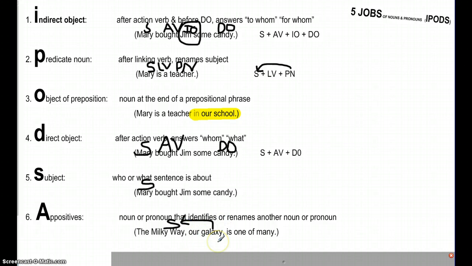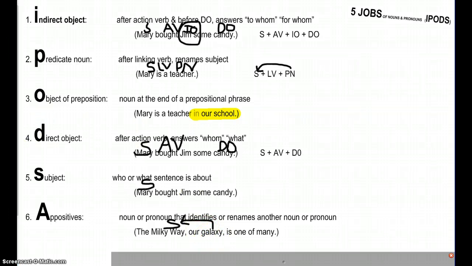So galaxy is another way of saying the Milky Way. Now typically when we're talking about appositives, I ask students to have 6 or 8 words in their appositive to make it a little bit more descriptive. But as long as there is a noun in there, that noun is doing the job of the appositive.